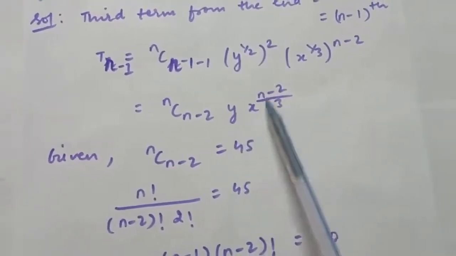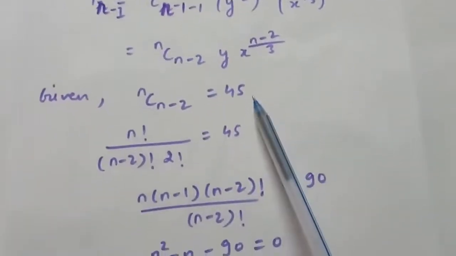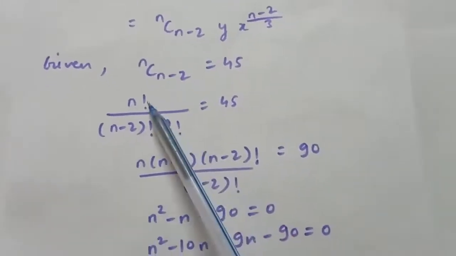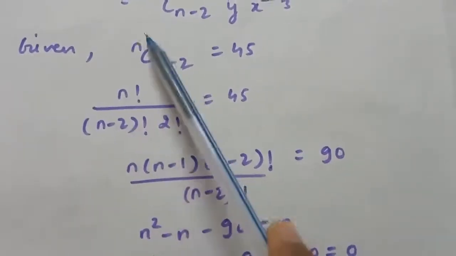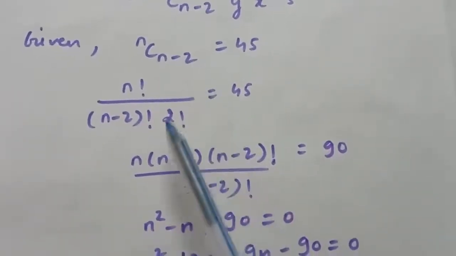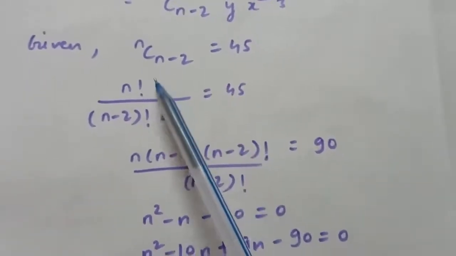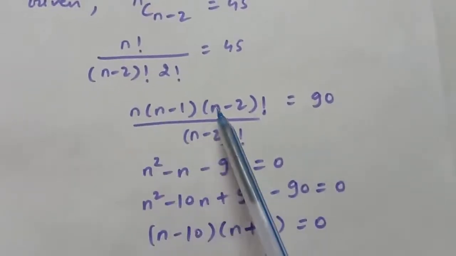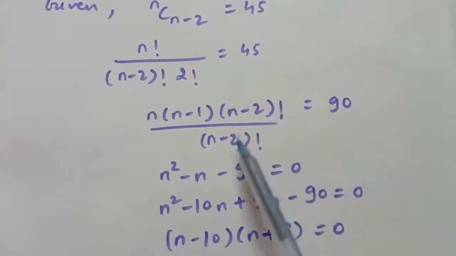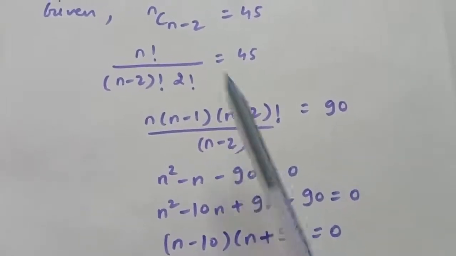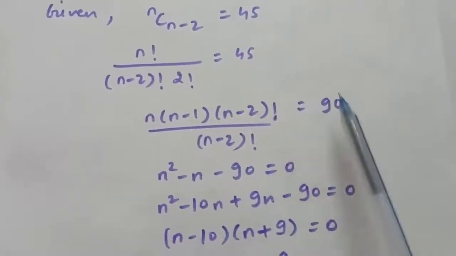Now the coefficient is given as 45. This is not the coefficient, these are variables. So this coefficient is equal to 45. Now this is n factorial upon (n minus 2) factorial into 2 factorial equal to 45. Writing this n factorial as n into (n minus 1) into (n minus 2) factorial upon (n minus 2) factorial, and this 2 factorial is 2, which we are taking this side, so 45 becomes 90.